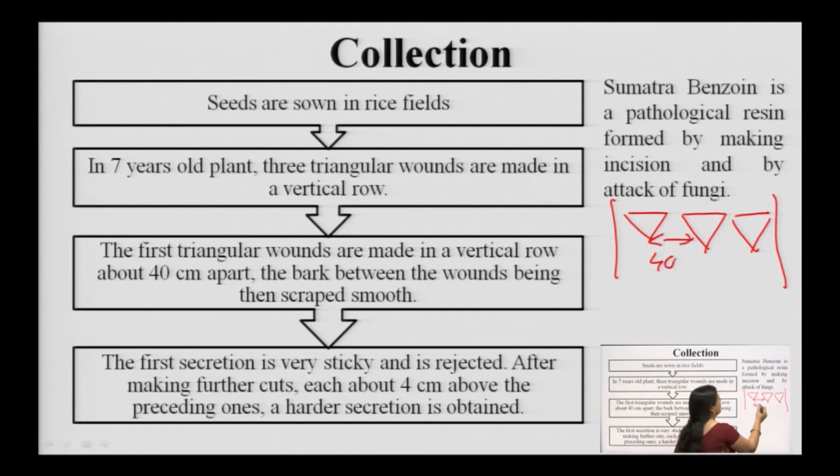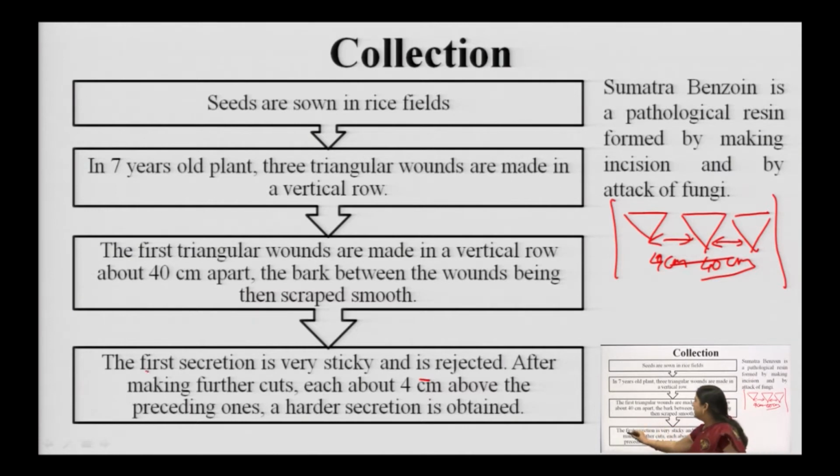Here you can see these cuts are made 40 centimeters apart, and gradually the bark in between these wounds is removed slowly. As these cuts are made, the bacteria go and attack the resins, and we have the formation of benzoin and it starts oozing out.